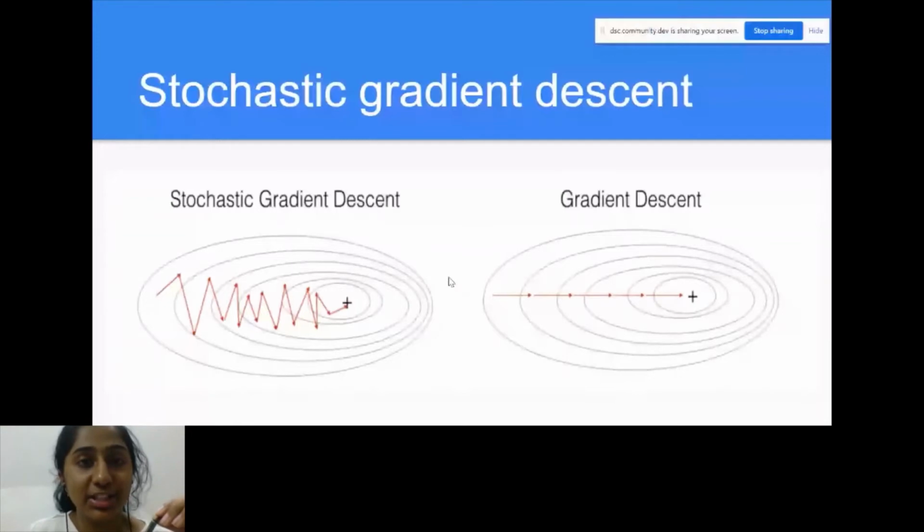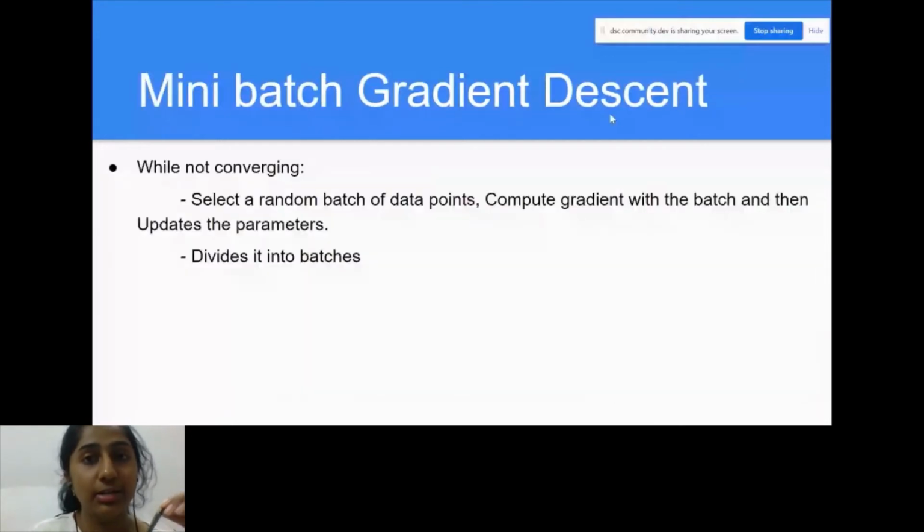In mini batch gradient descent, the data points are taken into batches, like say a batch of 32, or 32 batches for the whole data set. And then the average of them is taken, and that's how you update the values of W. So you take a random batch of the data set, then you compute the gradient with the batch, and then you update the parameters.